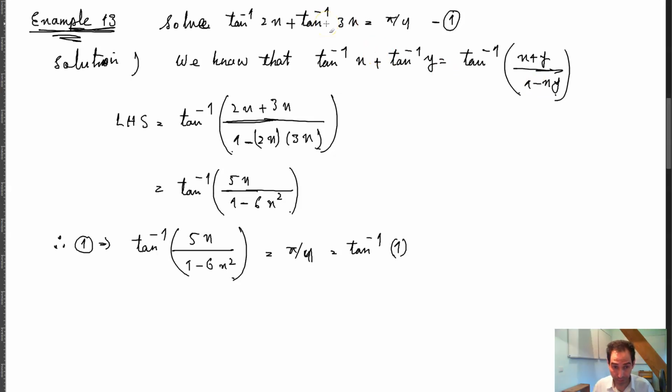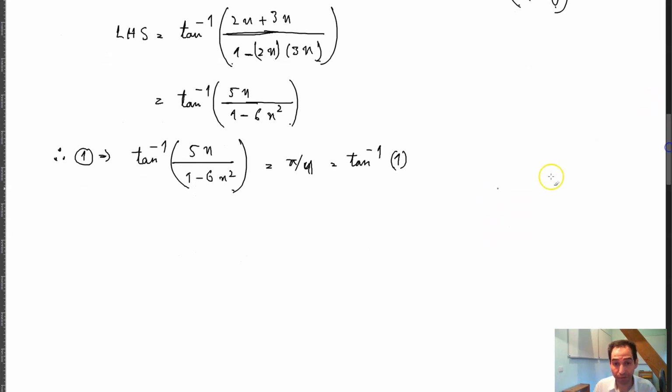Okay, so now I know that the tan inverse of 5x over 1 minus 6 times x squared is equal to the tan inverse of 1.